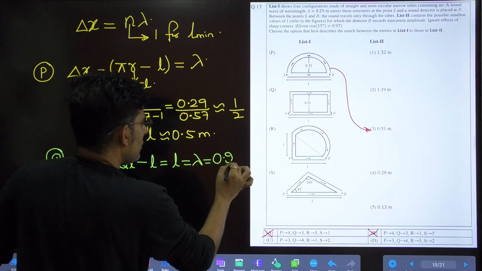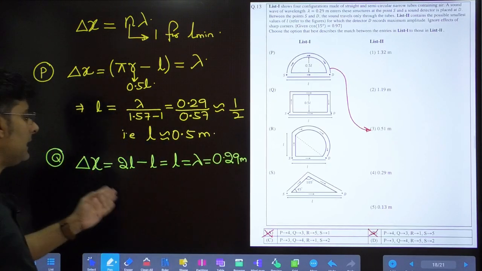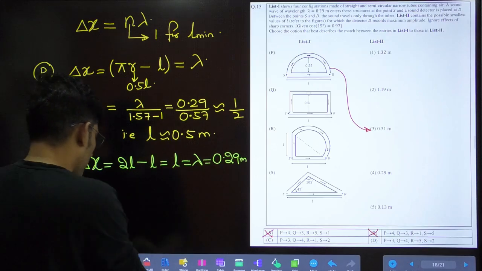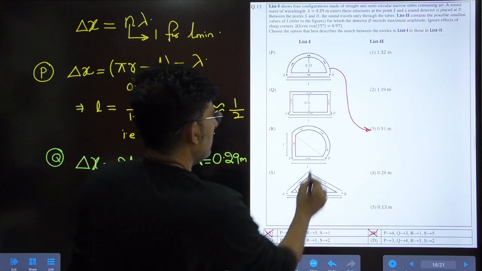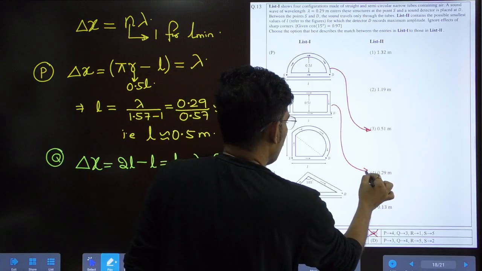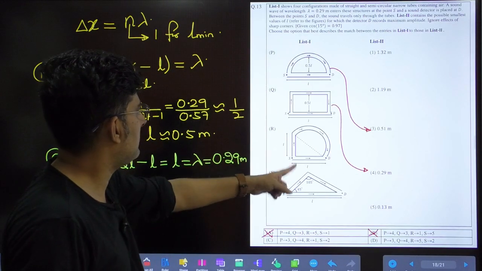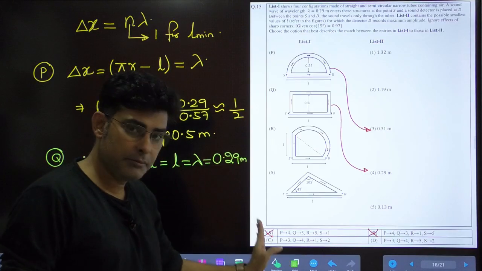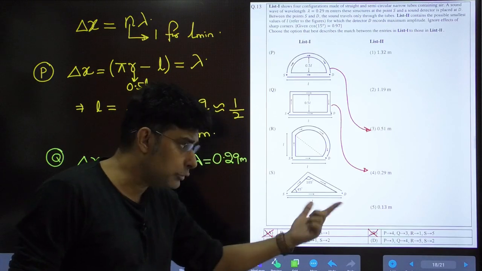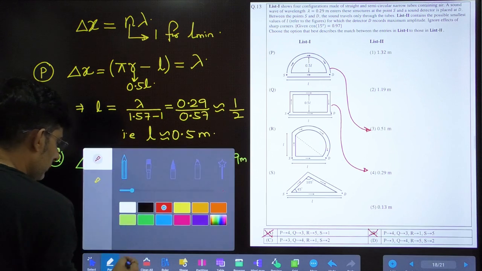Lambda is how much? 0.29 meter. So delta x is 0.29 meter. So for the second one, Q, 0.29 is matching with 4. So P is 3 and Q is 4. This is present in both C and D. So we have to check for the next one also.